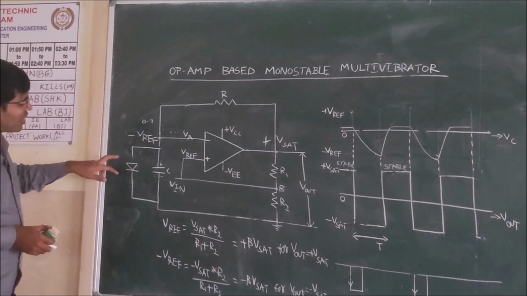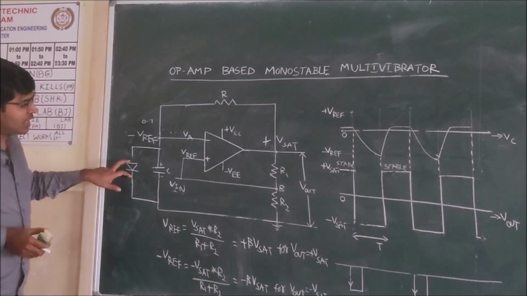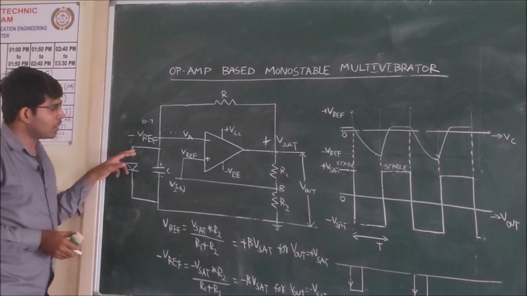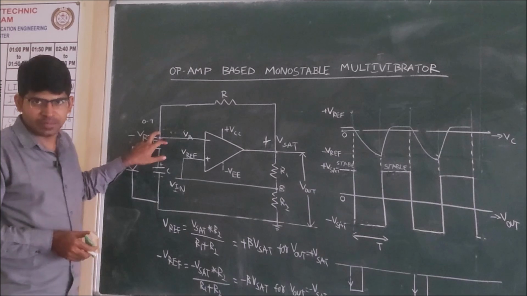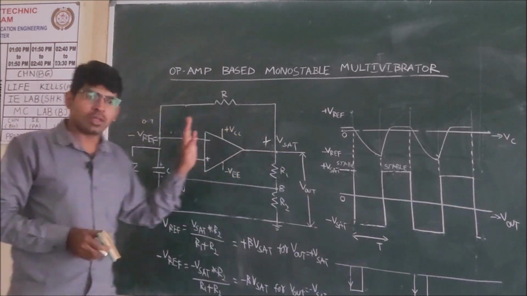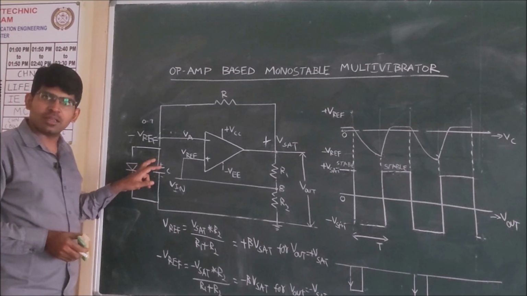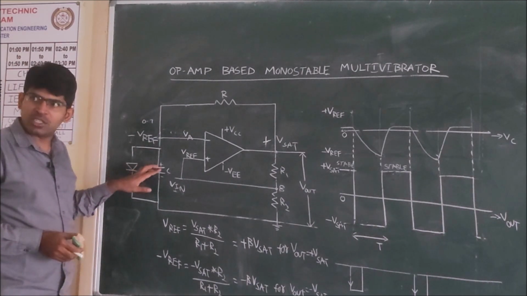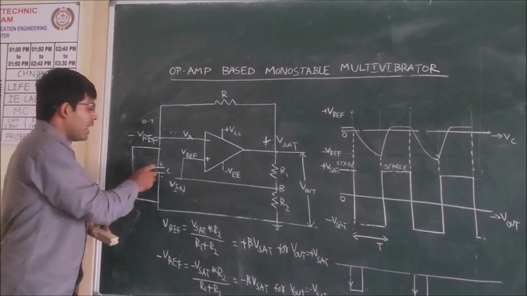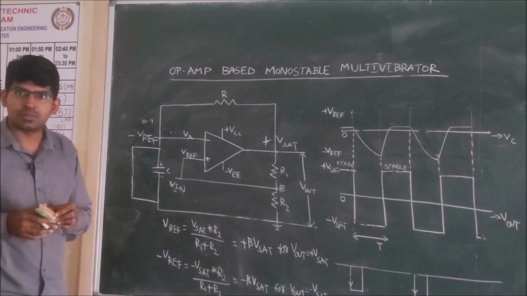Okay. So why are we using the diode here? See, the capacitor is charging from 0, for example. After 0.7 volts, this diode will be short circuited and the capacitor will not charge.